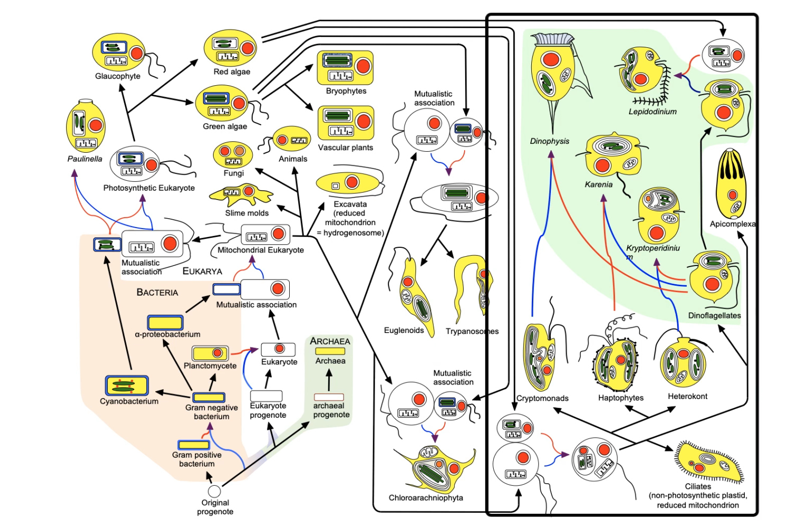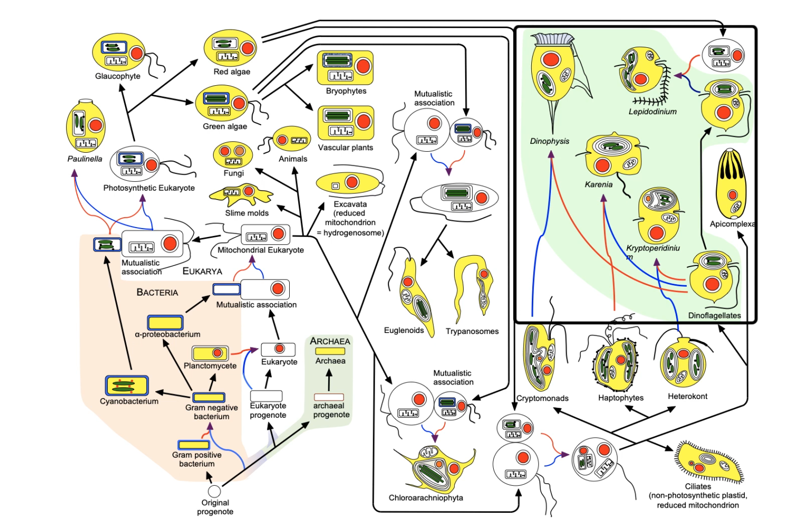And then these other ones over here, the cryptomonads, haptophytes, heterokonts, ciliates, dinoflagellates, that is the stramenopiles, the alveolates, rhizaria, haptophytes. Those then take in red algal cells as their endosymbionts, and then there are events where those each take part in further endosymbiotic events.